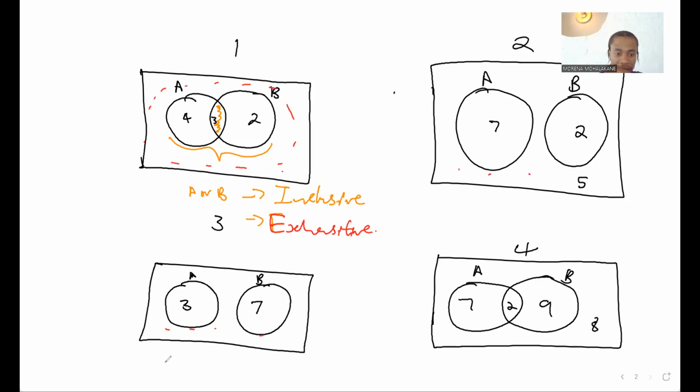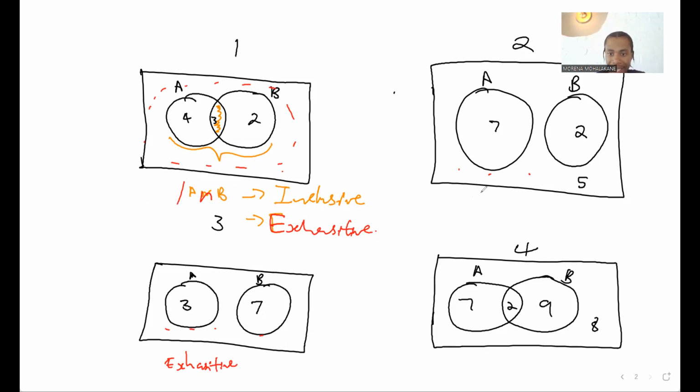If I look at this, these are exhaustive too. Everything is completely inside the events. There's nothing outside the events. Inclusive is the intersection, right? There's an intersection.